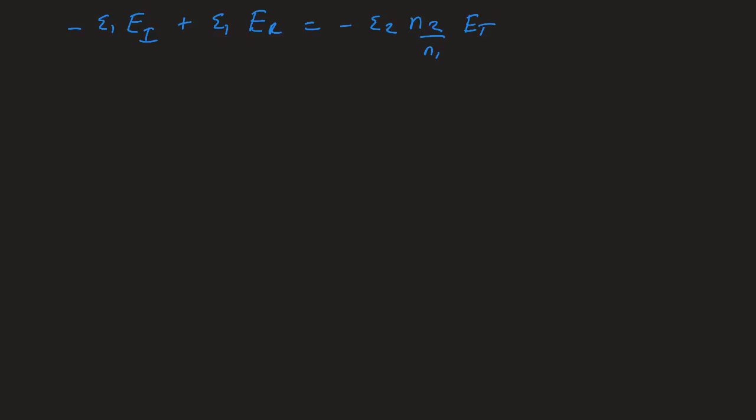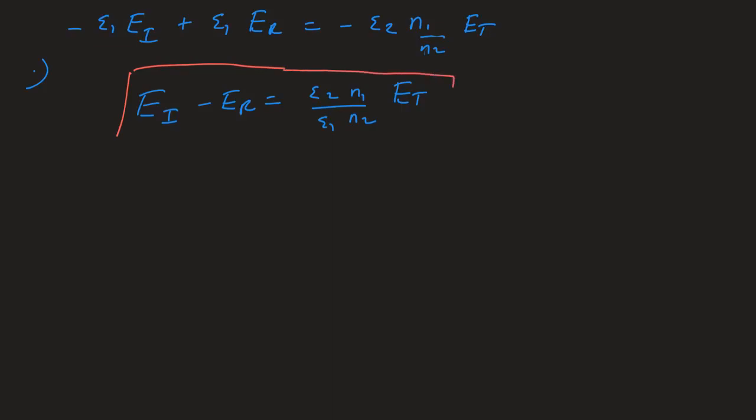So to summarize, then EI minus ER is equal to epsilon 2 over epsilon 1, sorry, this was n1 over n2, so n1 over n2 times E transmitted, and this is the first equation we'll need.